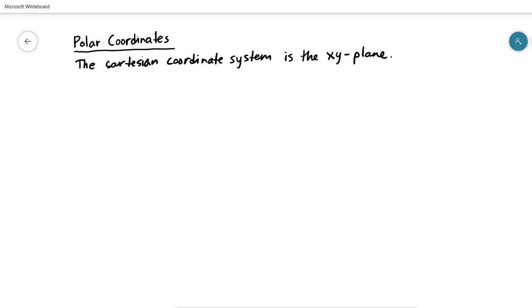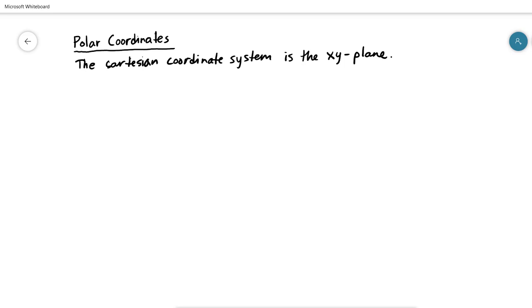That's called the Cartesian coordinate system. It was named after René Descartes, the famous "I think therefore I am" guy. And he invented basically this idea of giving a reference point to locate these mathematical ideas in space. And his idea was this Cartesian coordinate system.